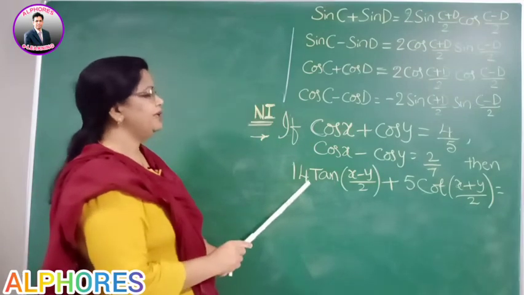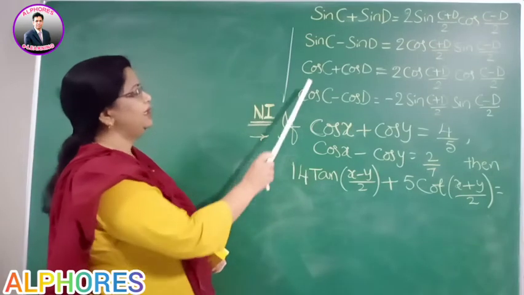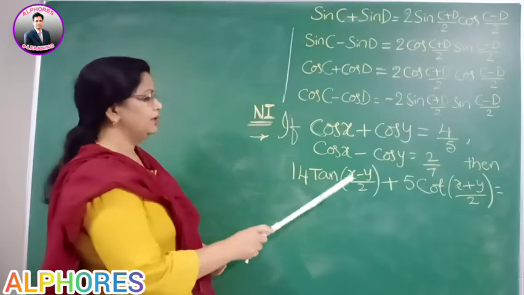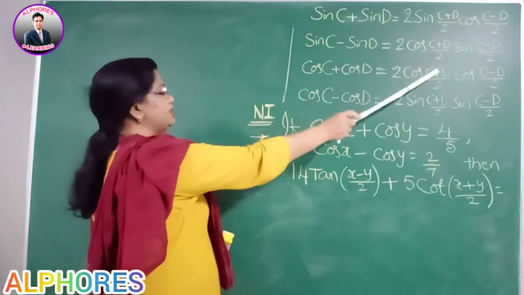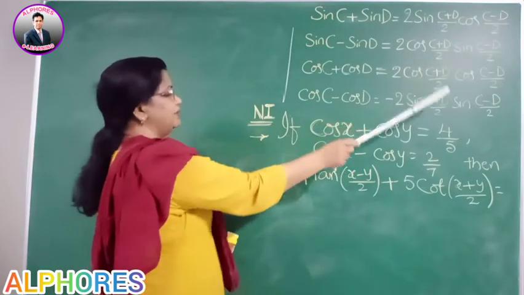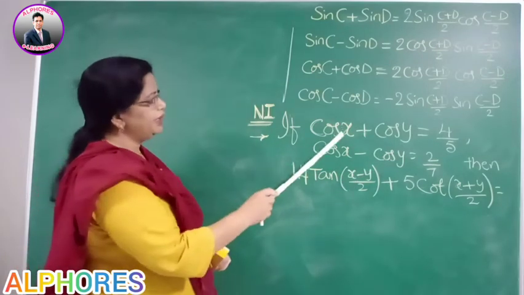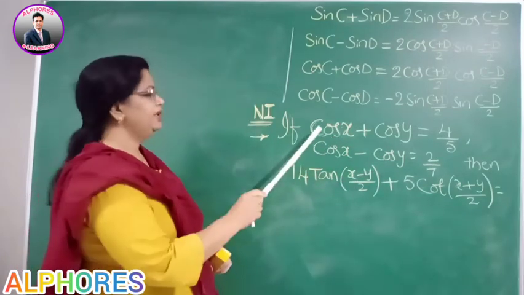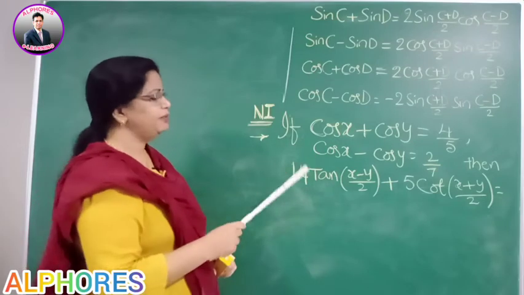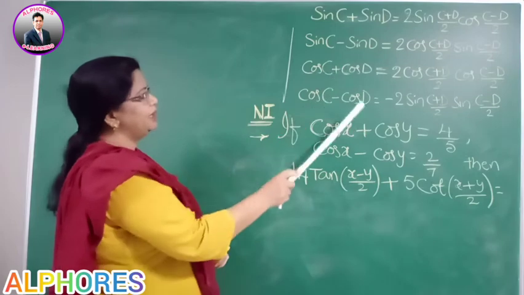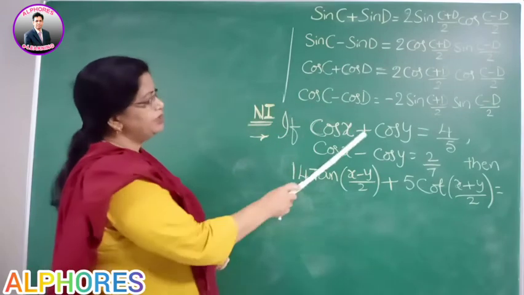So again we must make use of the formula, that means this one as well as this one also. Thereby you can get both half the difference and half the sum values. Therefore if you are aware of all these formulae, immediately you can understand which formula we can apply, right? So now you are going to use this formula as well as this formula to solve this kind of problem.